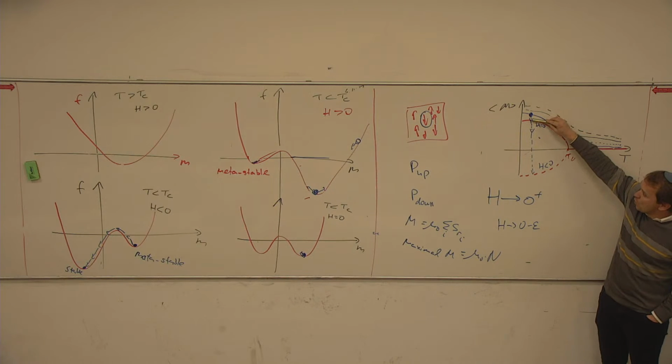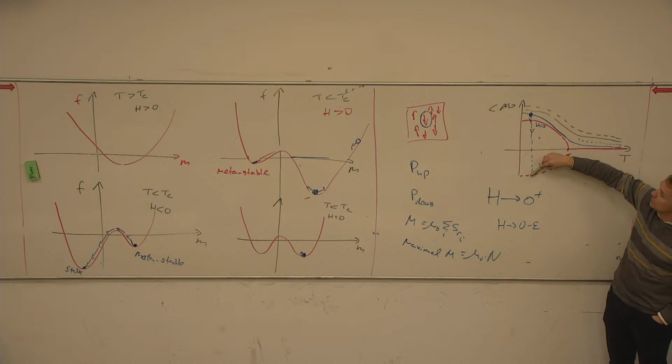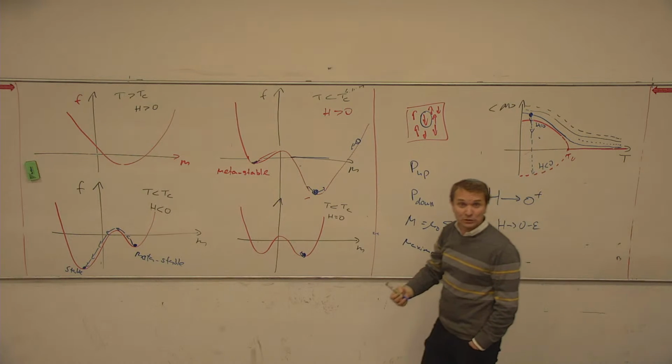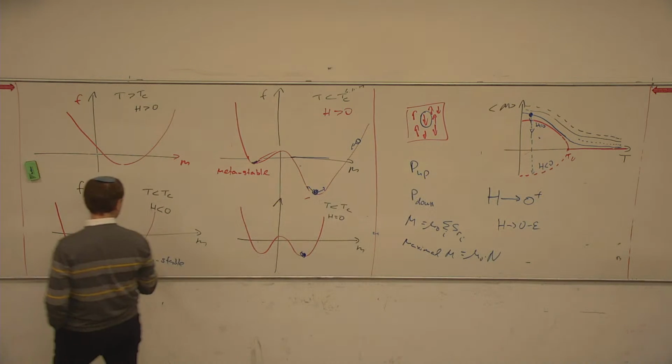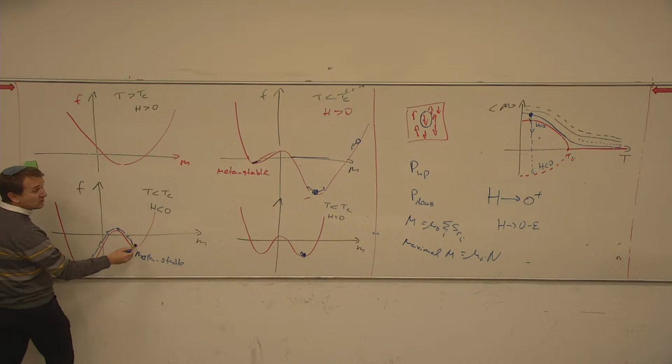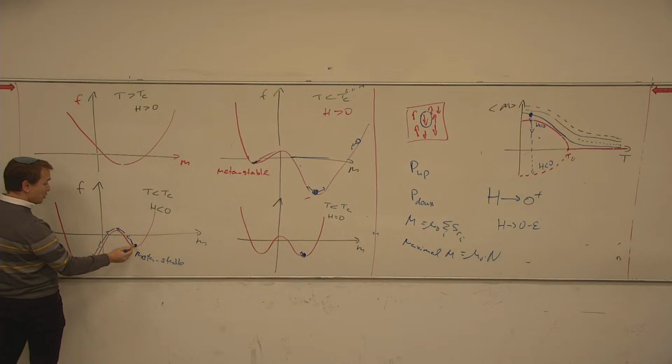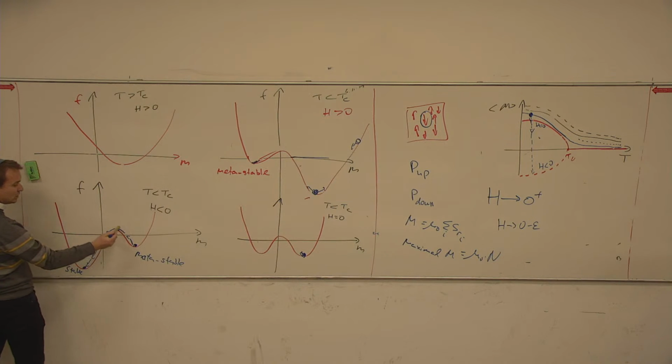And the system, whoops, jumps to the other side of this diagram. So this is a finite jump, and finite jumps occur for first order transitions, right? So this is what exactly happened. Our state, instead of being stable, suddenly became metastable, and the system had to choose a new state.